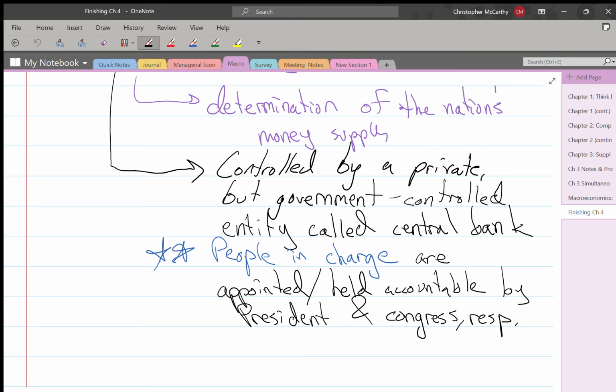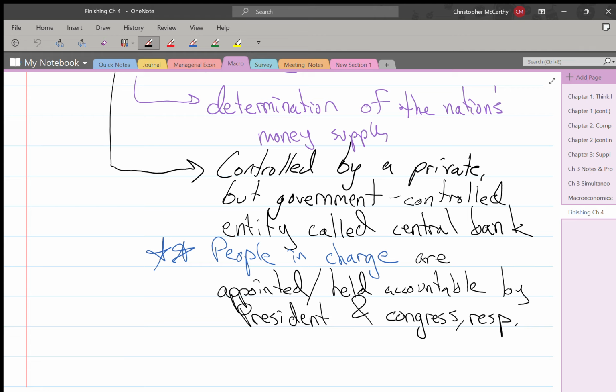So that you end up voting the people that were in the White House or Congress or whatever back in. So we remove it from the political process by having it be this private entity. Now, there are arguments against having it be a private entity. But at the end of the day, if you look at the actions of the Federal Reserve and a lot of the other central banks, they have been benevolent. So it is a system of accountability that is working.